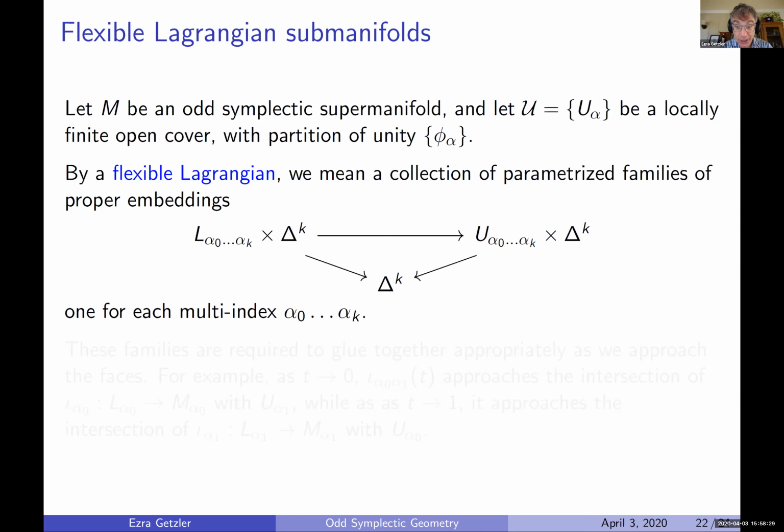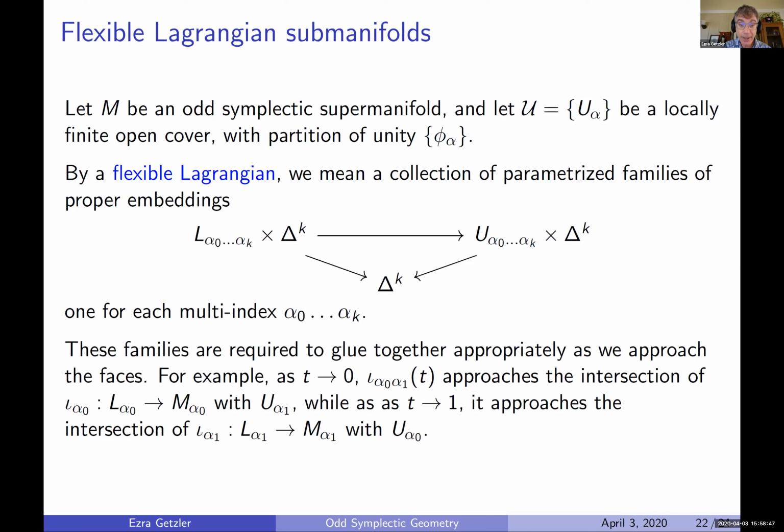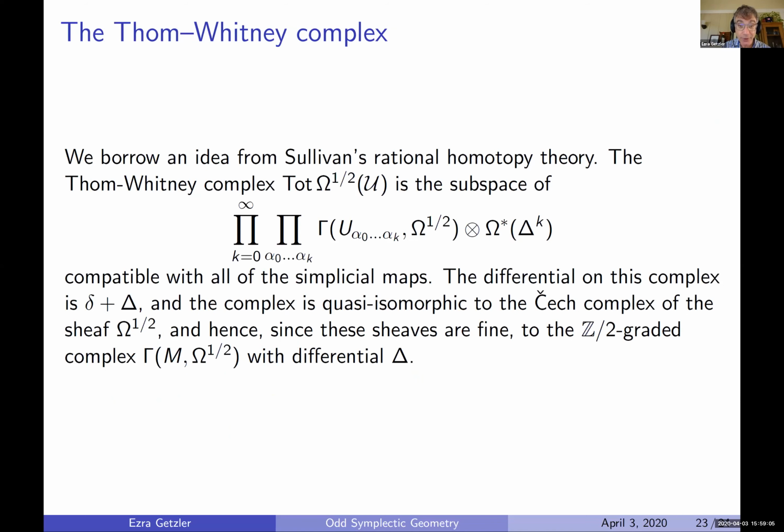I'm just going to have a Lagrangian in U, a Lagrangian in V, and a 1-parameter family of Lagrangians in U intersect V, which interpolate between the 2 Lagrangians that I started with when intersected with U intersect V. Okay, so there's a whole lot of gluing conditions that we need to impose along the faces of the simplices in order to define a flexible Lagrangian submanifold. Maybe some of you can imagine what those are, but let me just skip that over.